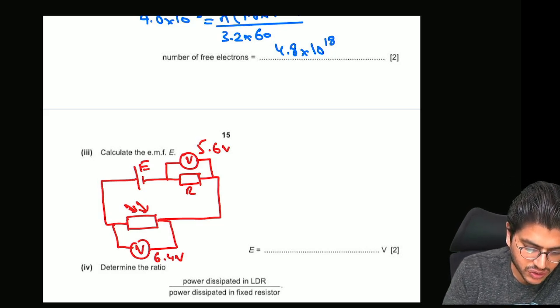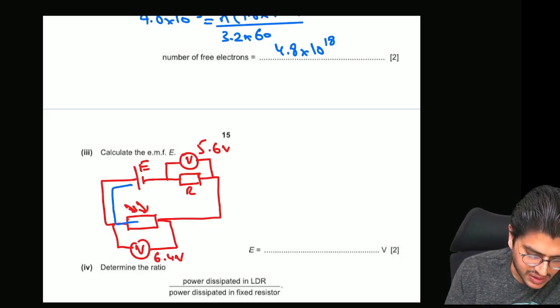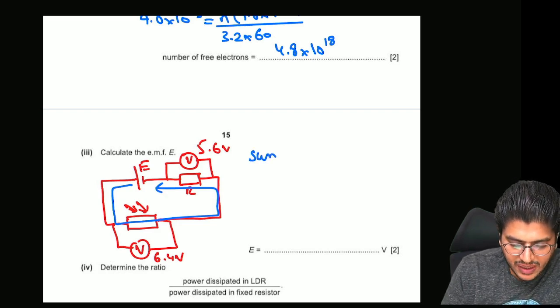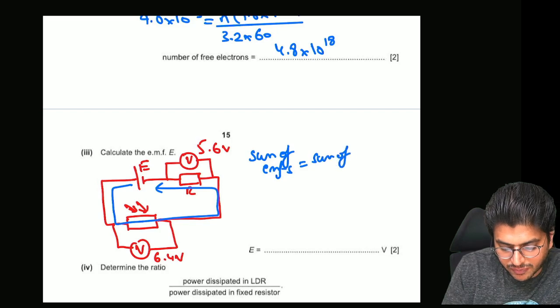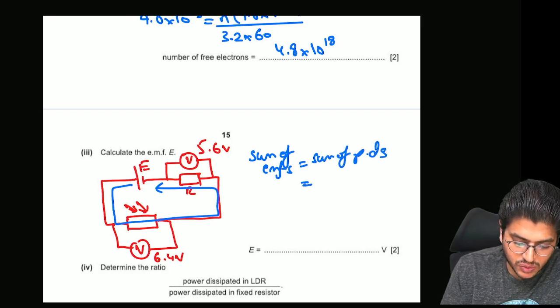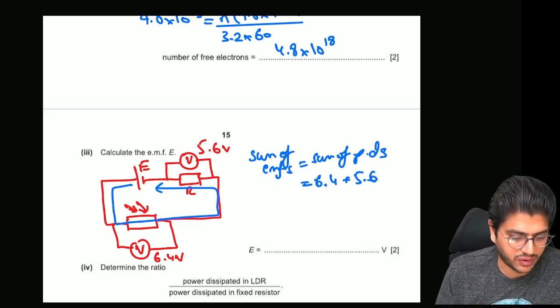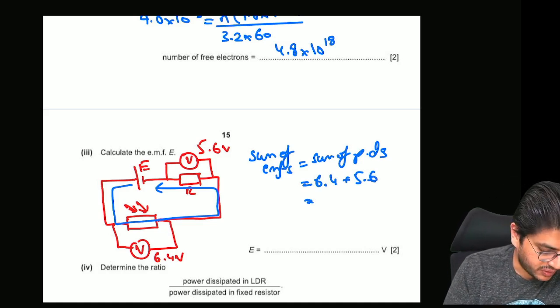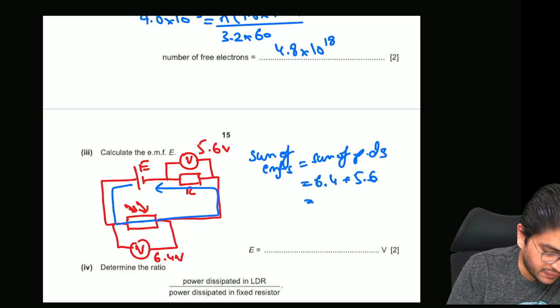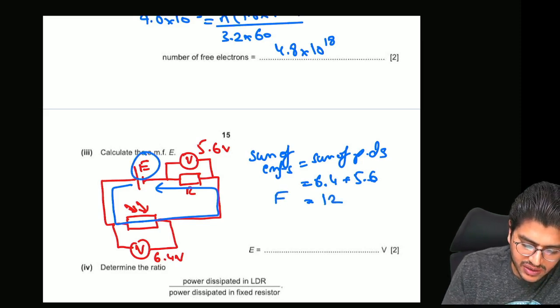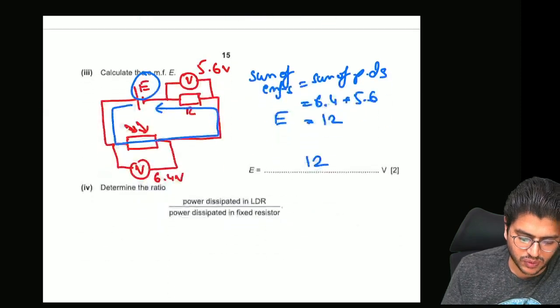You can apply Kirchhoff's voltage law, which is that in a closed loop, the sum of EMFs must be equal to the sum of potential drops. So you have one potential drop of 6.4 and one more potential drop of 5.6. You add 6.4 and 5.6, and you get 12. Because there's only one battery, you write E over here. So the EMF is 12 volts.